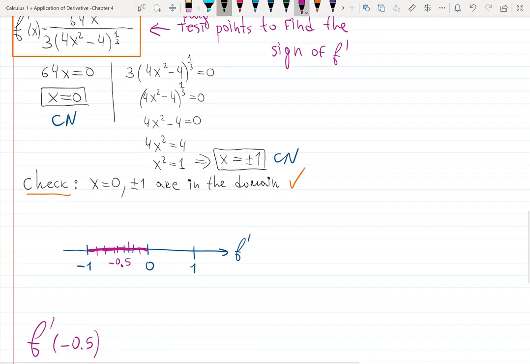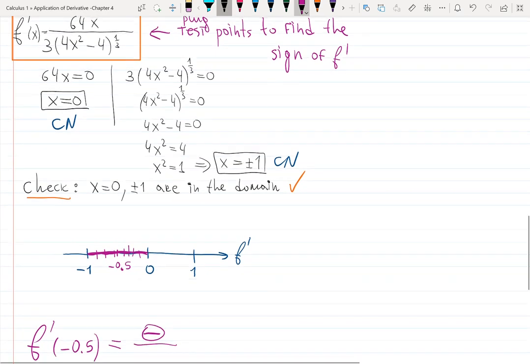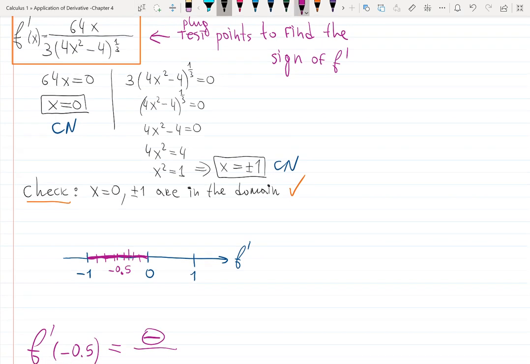The numerator, and here's a very nice notation, the numerator becomes negative, right? Negative. Because 64 times negative 0.5 is something negative. The denominator has x squared. So now the input becomes positive. But it's not important here if it's positive or negative right now. It's important if it's greater or less than 4.